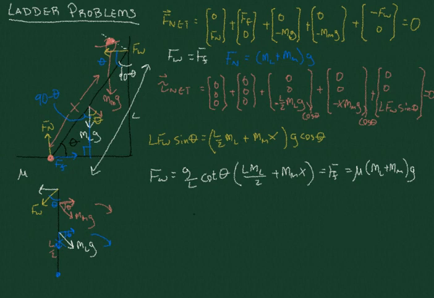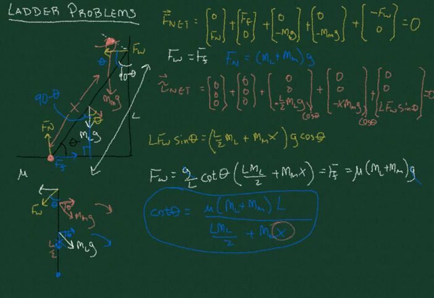So in other words, the cotangent of theta is equal to mu times the mass of the ladder plus the mass of the man. The g's cancel out. We multiply by an L divided by L times the mass of the ladder over 2 plus the mass of the man times x. And then we can take the inverse cotangent to find the angle. Similarly, we can reverse this, and if we know the angle, we can solve for x and find out how far the man can move up the ladder.